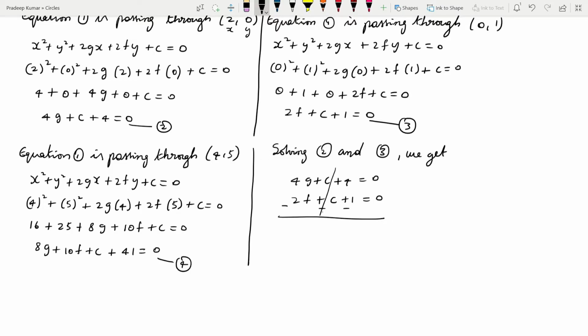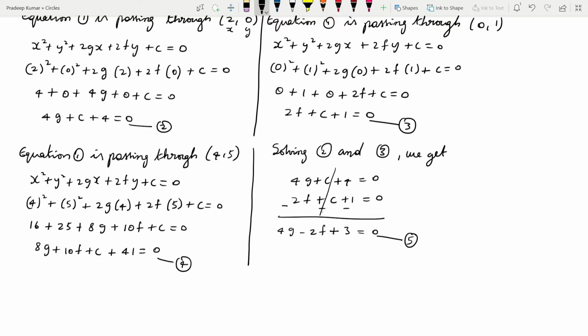What are the remaining elements? 4g minus 2f, this is plus 4 and minus 1 is getting cancelled, so we just remain with plus 3 equal to 0. Alright, so we obtained 4g minus 2f plus 3 equal to 0.